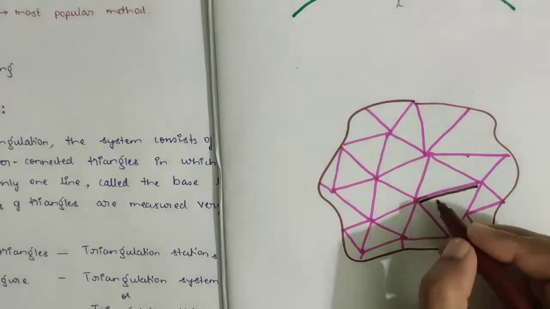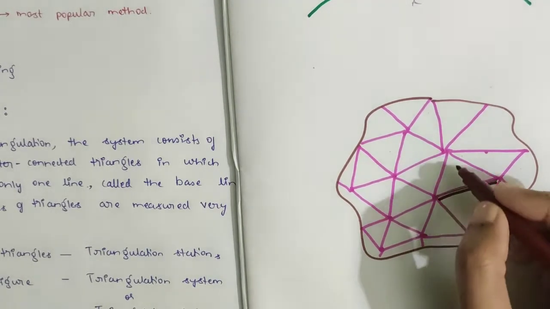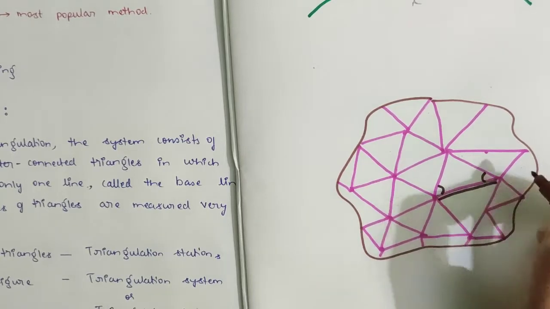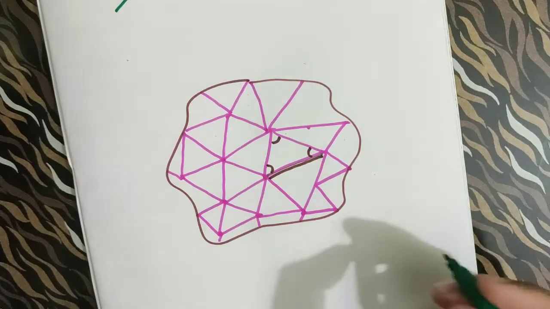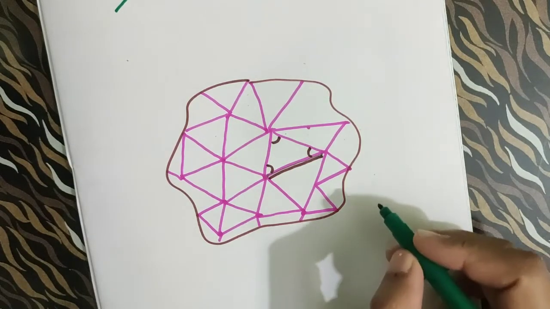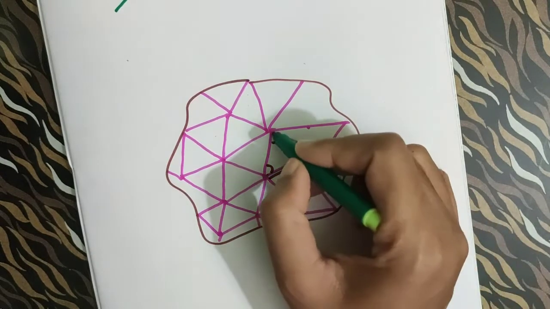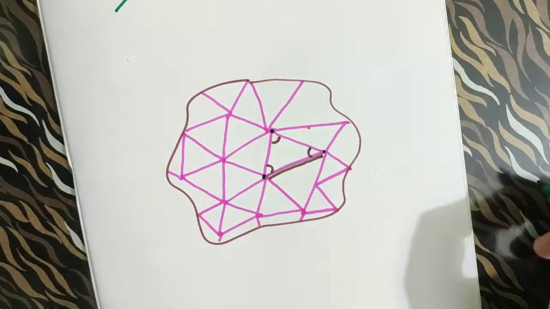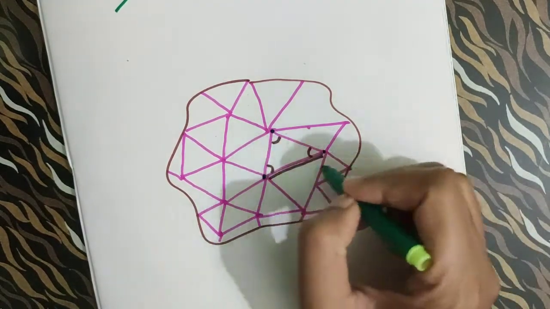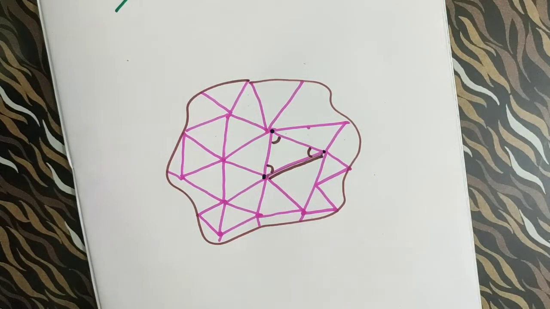We know the length of this baseline, and then the angles of triangles, that is these three angles, are measured. Here the apex of triangles is called the triangulation station. This is called the triangulation stations, and the whole figure is called triangulation system or triangulation figure.